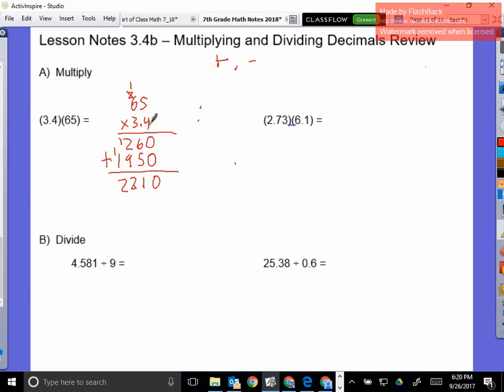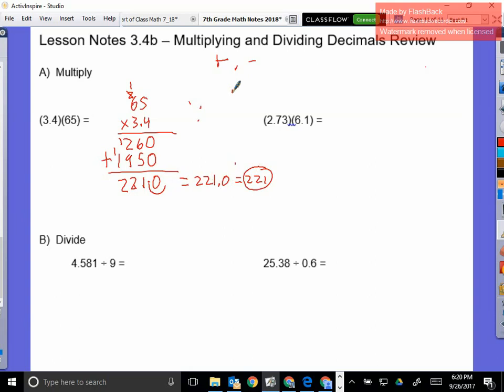So we put the decimal down here depending on how many numbers we have to the right of the decimal points up here. We just have 1 number to the right. So start at the very back of the number. Because we only have 1 number, you're only going to move it 1 time, and it's going to go right there. My final answer comes out to 221.0, which is the same as 221.